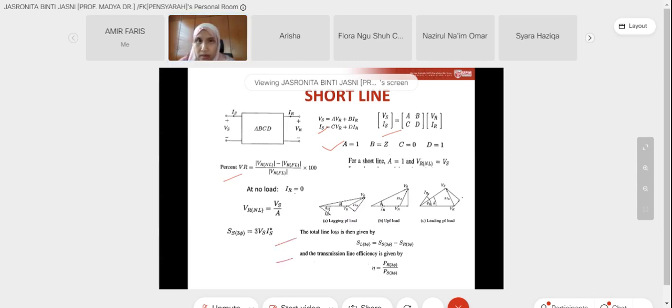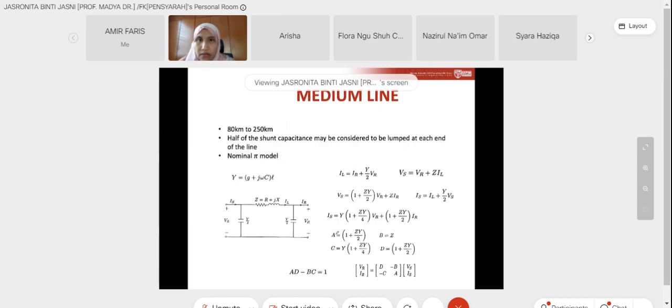Okay. So the next type of line is the medium line. Medium line covers from 80 kilometer to 250 kilometer long. If the question says the transmission line length is 90 kilometer, it means it's a medium line.